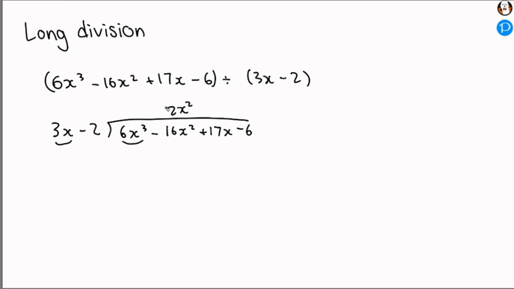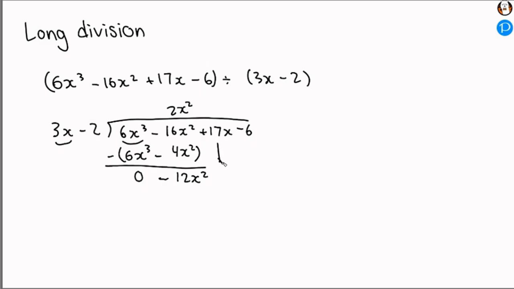Multiply the 2x to the power of 2 by 3x minus 2. We're going to get 6x to the power of 3 minus 4x to the power of 2. Then we're going to subtract to get our first term being 0, and then negative 12x to the power of 2.